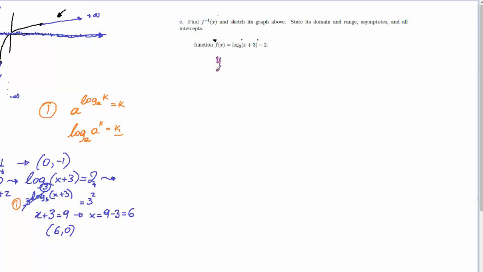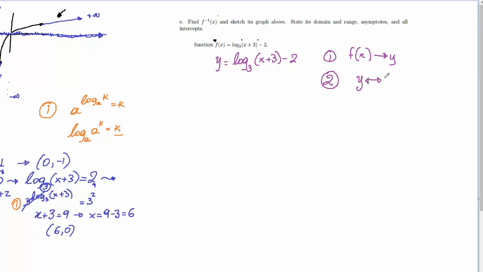So I have now y is equal to log with base 3 of (x plus 3) minus 2. Remember, that's the first step: replace f of x with y. What's the second step? Interchange the y with the x.